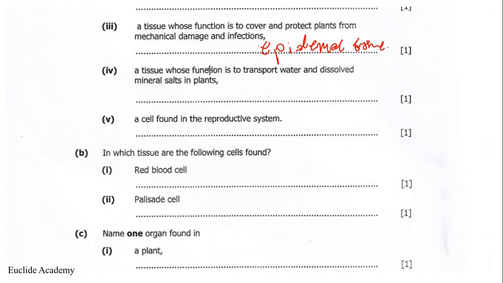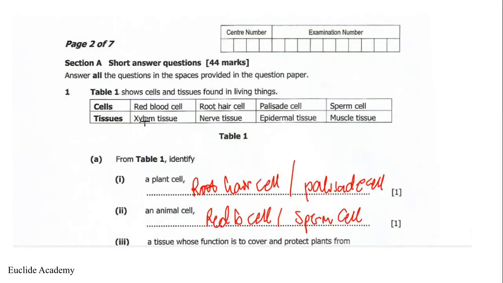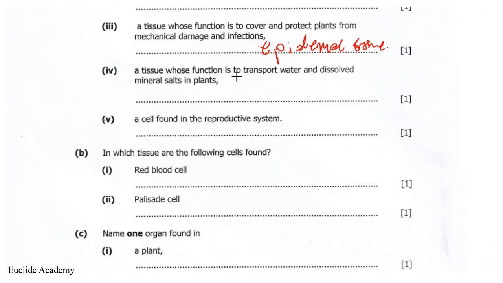When we go back to the table, the xylem tissue is the one involved in transportation of water and dissolved mineral salts from the roots to parts of the plant. So we're talking about the xylem tissue here.